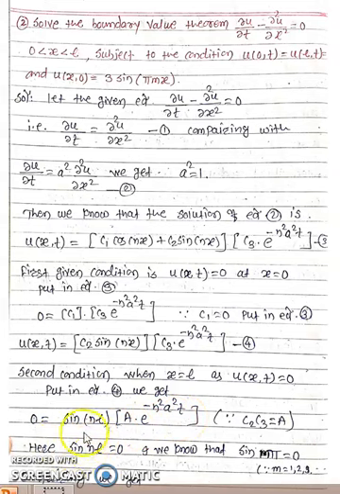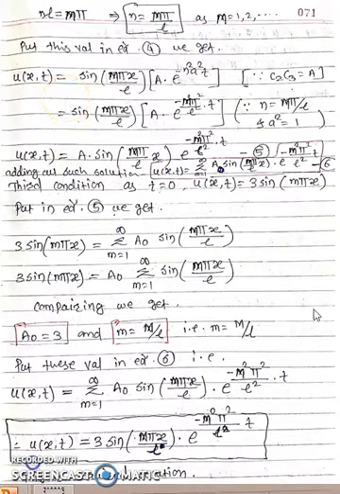Then here sin nL will be 0 and we get sin mπ. We know that sin mπ will be 0. So comparing both of these, nL equals mπ, where m is 1, 2, 3. So nL equals mπ. Hence we get n equals mπ by L, as m is 1, 2, 3 and so on.